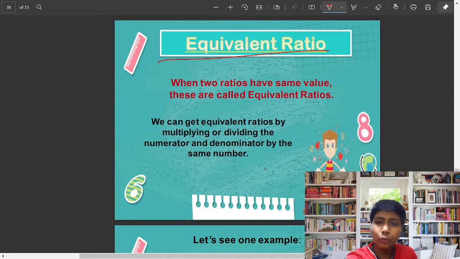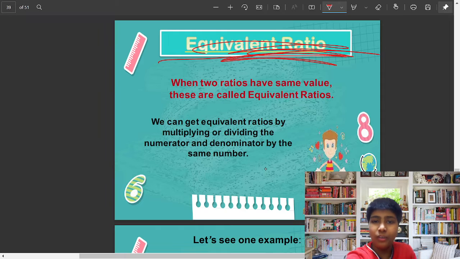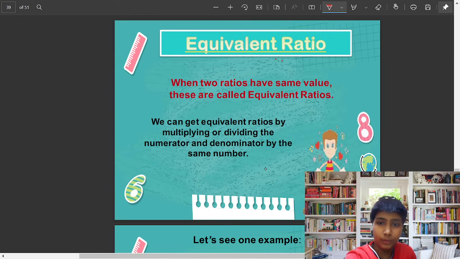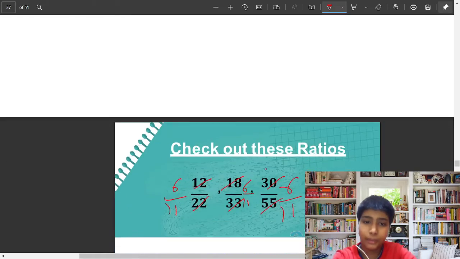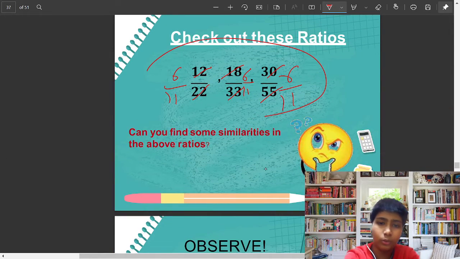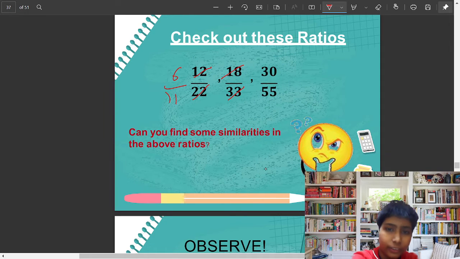These are equivalent fractions. When two ratios have the same value, they are called equivalent fractions. Sorry, equivalent ratios, not fractions.